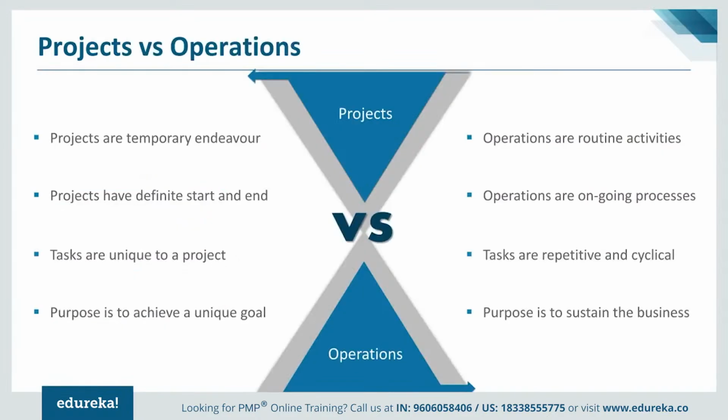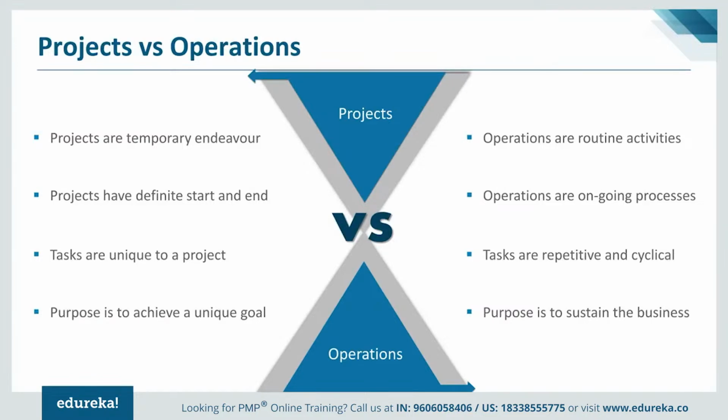Another confusion that people might have is understanding the difference between a project and some operational activities. Let's quickly take a look at the difference between project and operations. Some of these things we have already covered. Projects are temporary, with a start date and an end date. It's a temporary endeavor undertaken, as I mentioned, to produce some product, result, or provide some service.